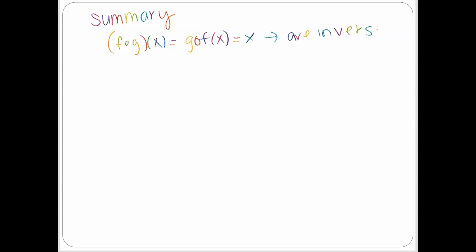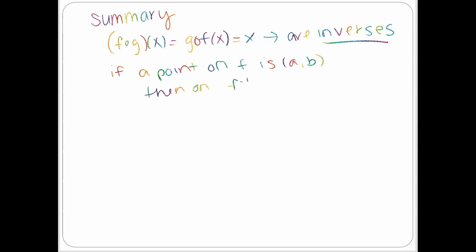Anything else means they are not. If you have a point (a, b), then on f inverse, the point would be (b, a), because the domain and range of inverses flip.